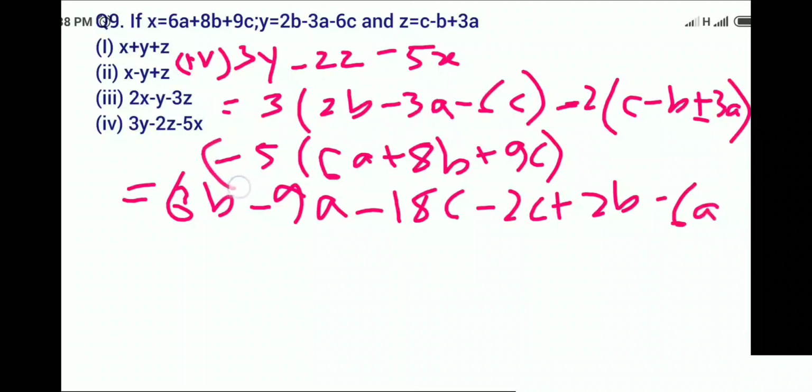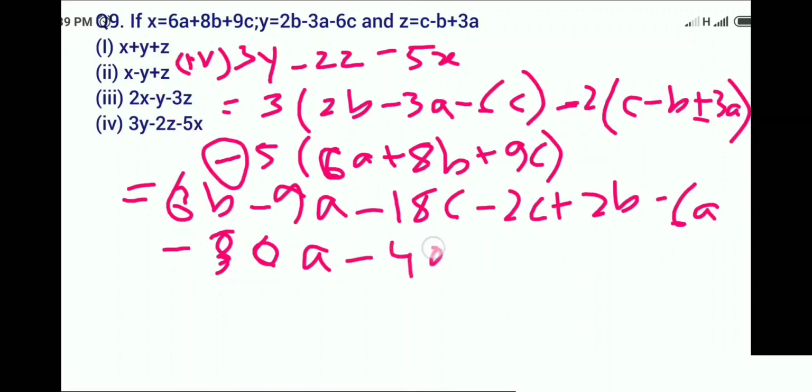Here also the sign is minus, therefore minus 5c, it's 6a, sorry, so 6 5 is 30, 30a, plus minus minus 8 5 is 40b, 9 5 is minus 45c.